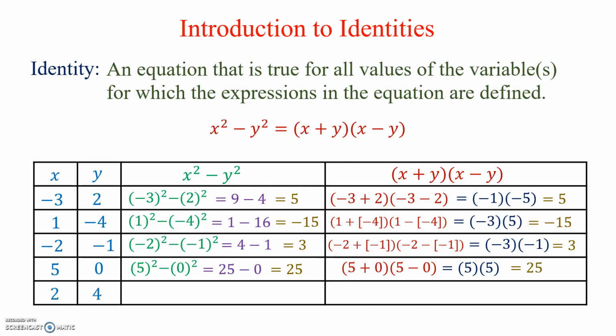And one last pair, 2 and 4. When we substitute the 2 and the 4, we get 4 minus 16, which gives us -12. On the right side, the sum of 2 and 4 and the difference of 2 and 4 give us 6 and -2, which in fact gives us -12. So this is just to demonstrate what it means to be an identity.